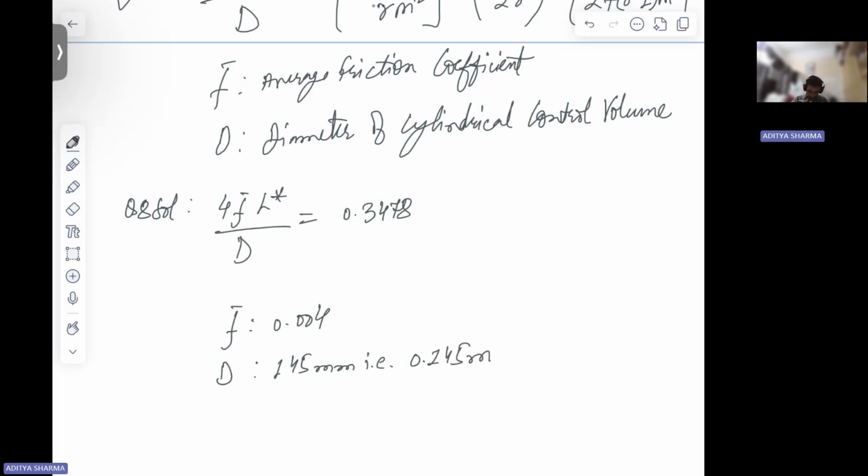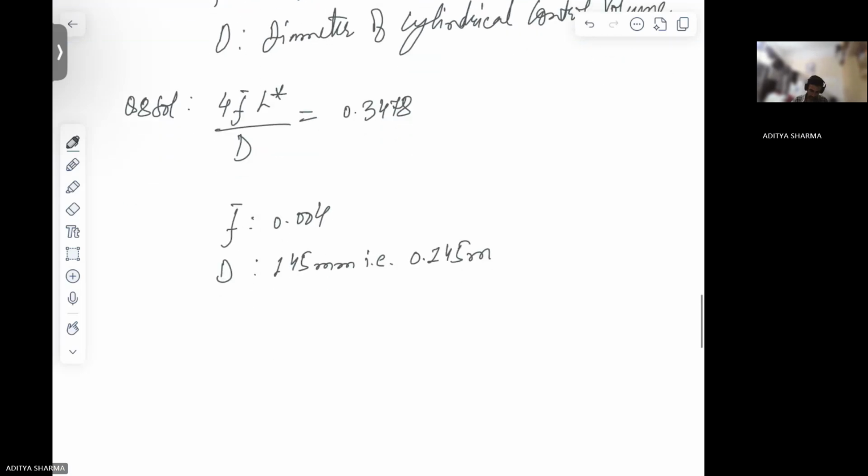So this implies L star is equal to 0.3478 into D divided by 4F star.